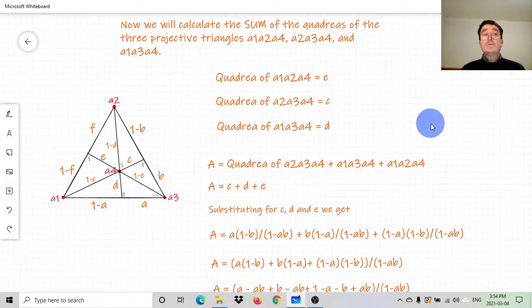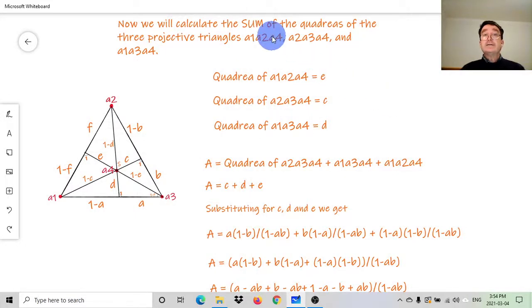Okay, next we're going to calculate the sum of the quadrias of 3 projective triangles: A1, A2, A4; A2, A3, A4, the projective triangle here consisting of points A2, A3, and A4; and the projective triangle A1, A3, A4.